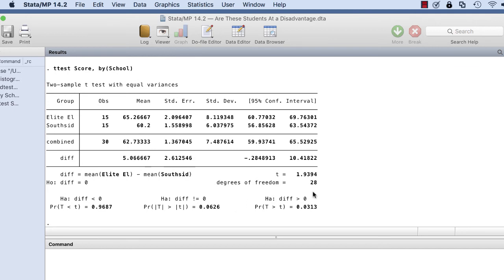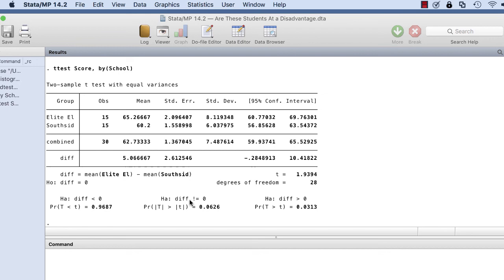And so the output you see here is we have the mean for Elite school 65.26 and the mean for Southside school at 60.2. So the mean difference is 5.006. So our question is, is that mean difference significant?